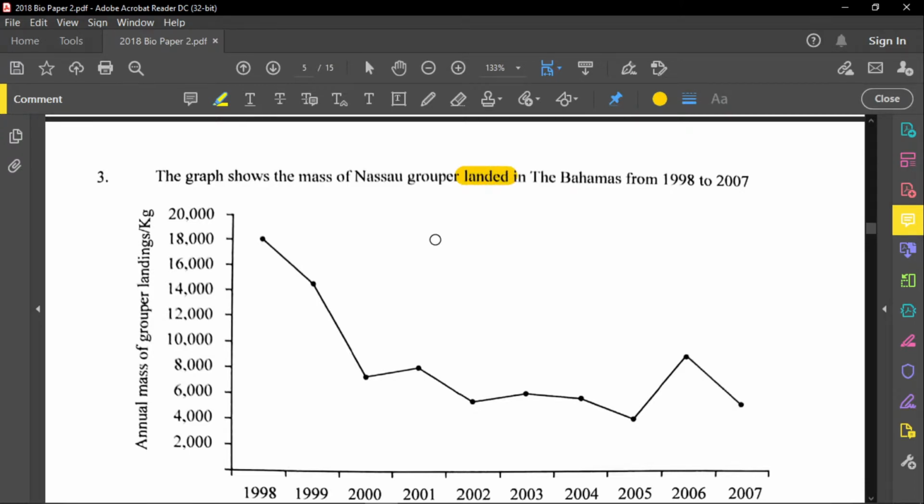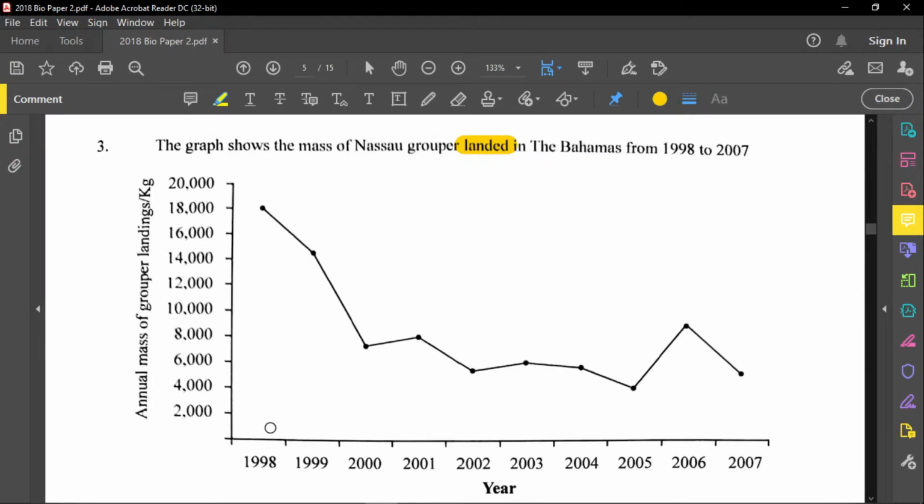Landed means that it is referring to the amount that is being harvested from the sea and come onto the land, okay? So it doesn't mean imported. It actually means what you catch from the sea and bring to land itself. So if you're out there doing sport fishing and you catch and release, those are not counted. We're talking about what you actually brought on land to be sold or to be eaten.